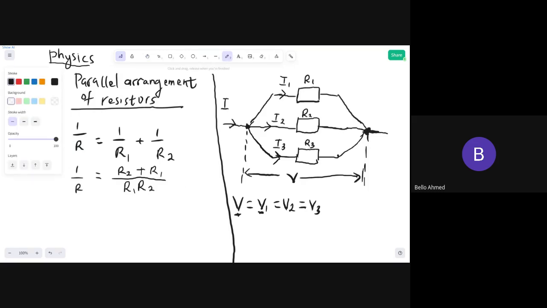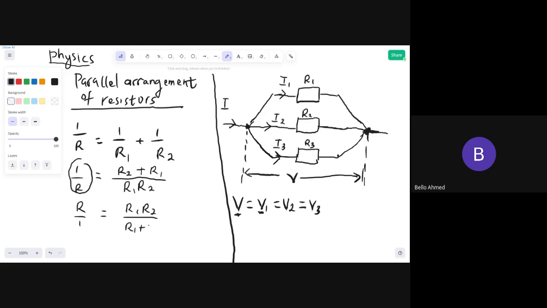You understand? But now look at this 1 over R. I can actually turn it to R over 1, so I've turned it upside down. So the right hand side I'm also going to turn upside down. So I'm going to have R1 R2 over R2 plus R1. But R2 plus R1 can also be R1 plus R2.